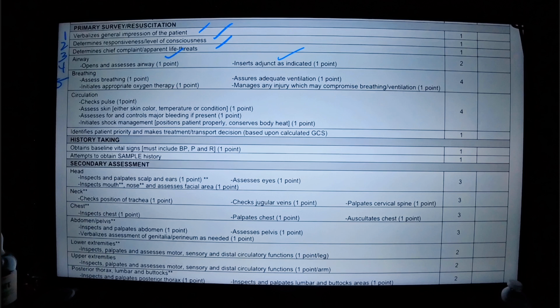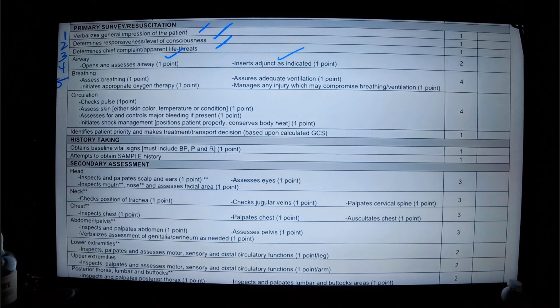When it said breathing, it said: is it present, rate, quality, rhythm, and depth. This one just says assess breathing, adequate ventilations, which is pretty much what I'm referring to, but I just simplified it here. Like I said, each bracket needs to be checked off before you can move on.